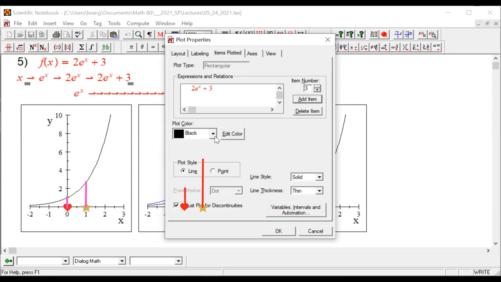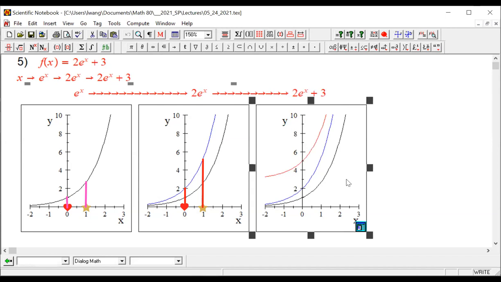So our final curve, I'm going to use red. Everything is shifted up by 3 units, right? The y-intercept is shifted up by 1, 2, 3 units. You see, everything is shifted up. Are you with me? Are you guys with me?